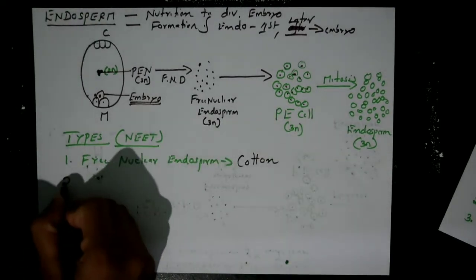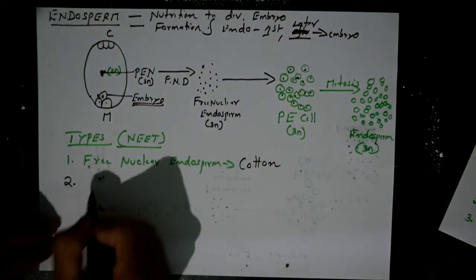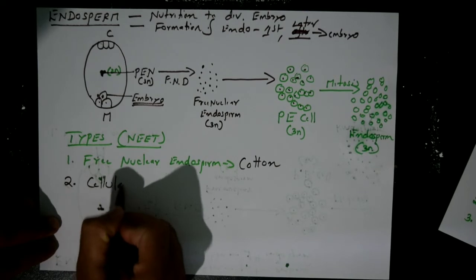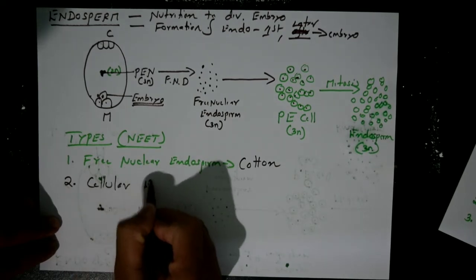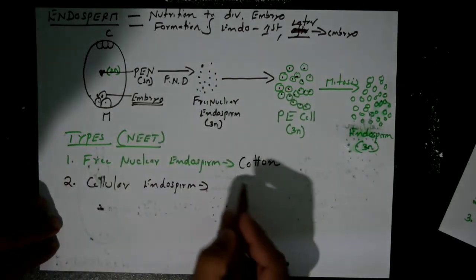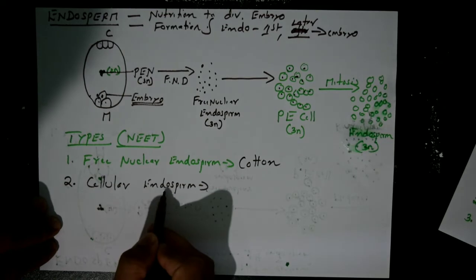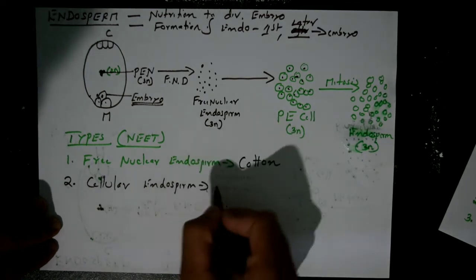The second type is cellular endosperm. Very simple actually. Compared to free nuclear endosperm formation, cellular endosperm formation is faster. How? Simple.